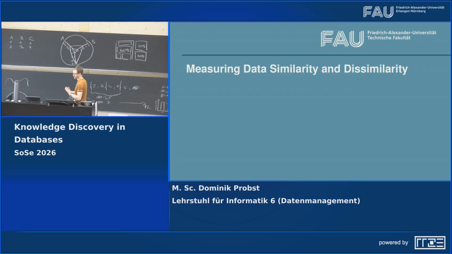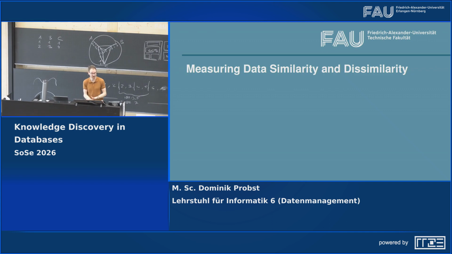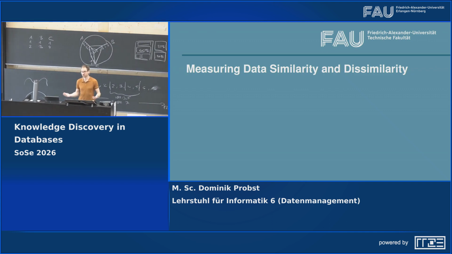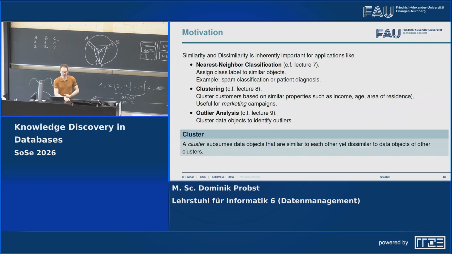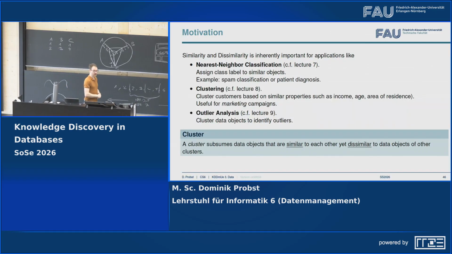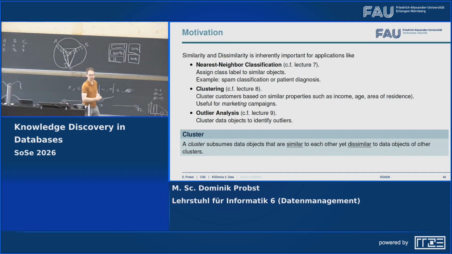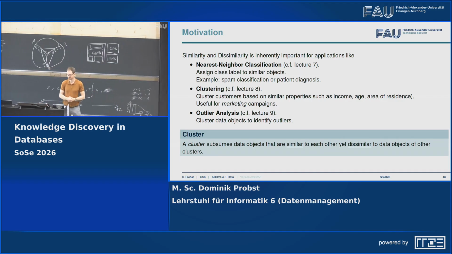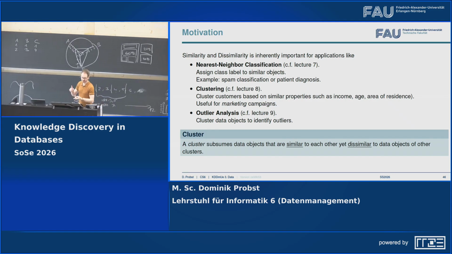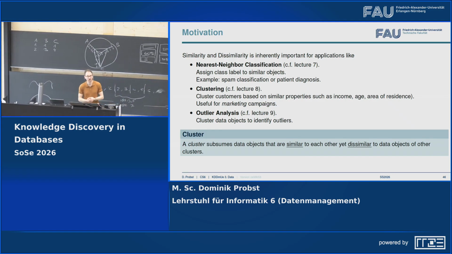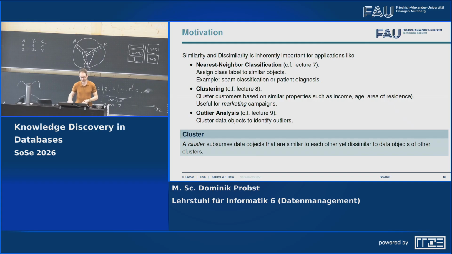We have to have some definition of data similarity to be able to do clustering. And also for classification and outlier analysis, we might use similarity methods. So in lecture 7, in lecture 8, in lecture 9, we will use these methods.